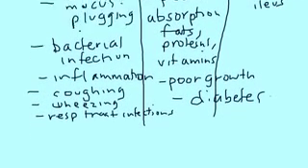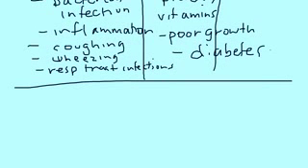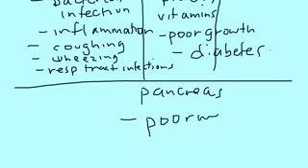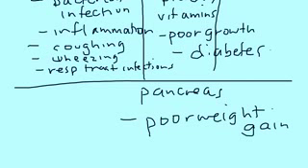There's a few more that I wanted to talk about. Let's just keep going here with the pancreas. The nutritional deficiencies can also lead to poor weight gain. That's a big one, actually. Very, very big one.